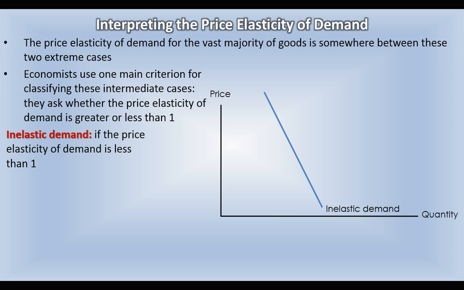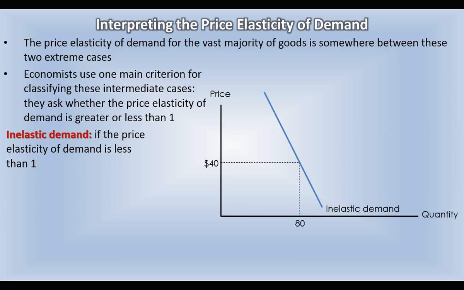We say that demand is inelastic if the price elasticity of demand is less than 1. And so the steeper the demand curve, the more inelastic demand we'll get as it approaches the perfectly vertical line. If it's close to that or just very steep, then you know that the demand overall will be inelastic.